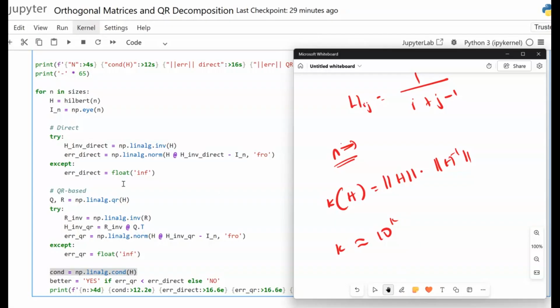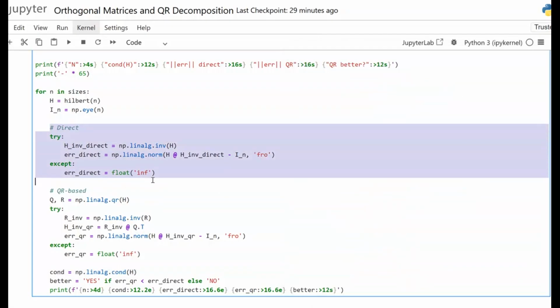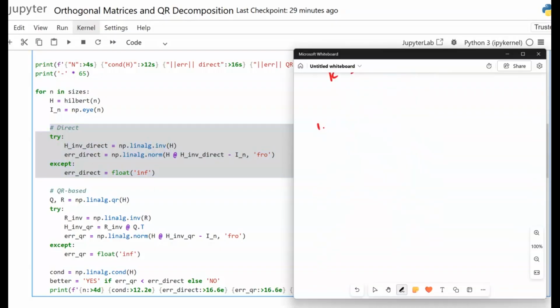And coming towards the direct method, kindly just observe, dear friends, it computes the inverse explicitly. And it measures the error as H multiplied by H inverse minus identity under Frobenius norm. So for an ill-conditioned matrix, this error grows rapidly.